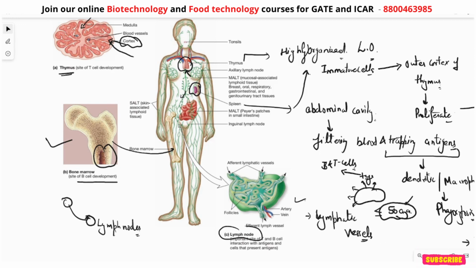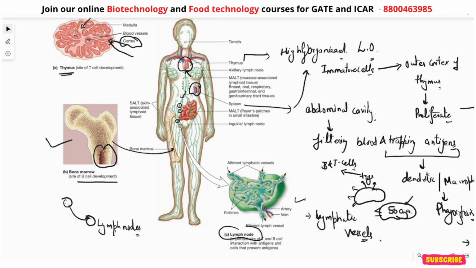Lymph nodes lie at the junction of lymphatic vessels. As you can see here, these dot-like structures are your lymph nodes, and they are connected by the lymphatic vessels.